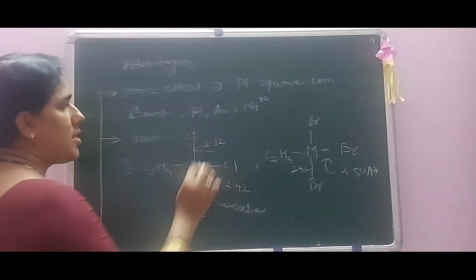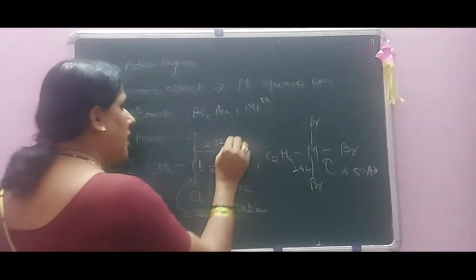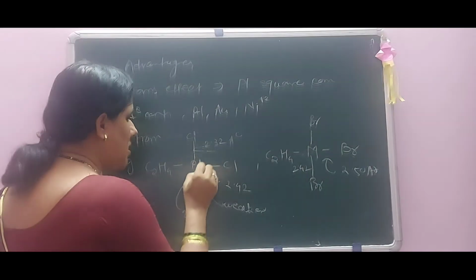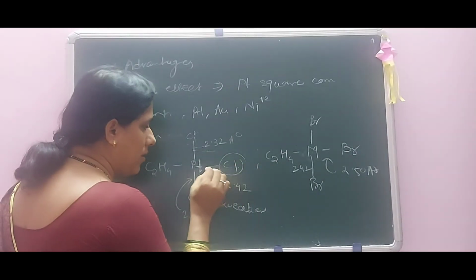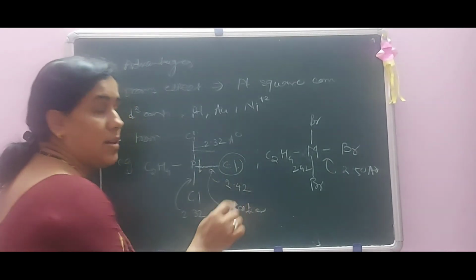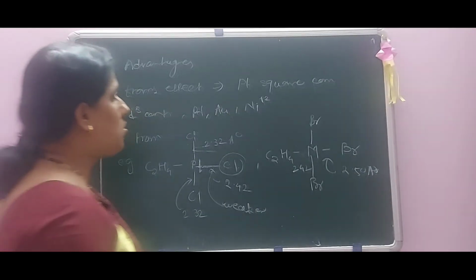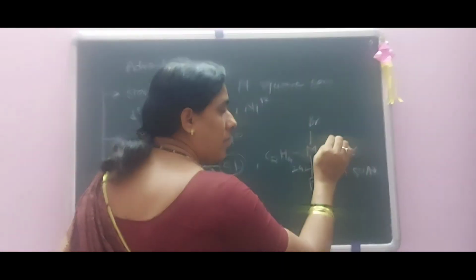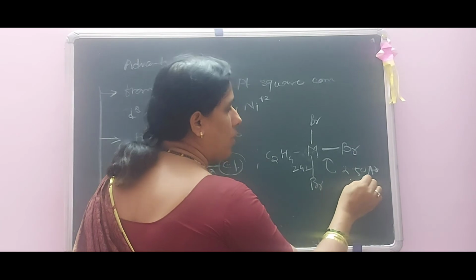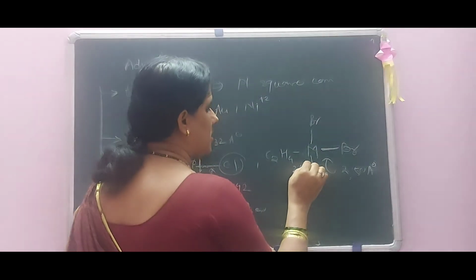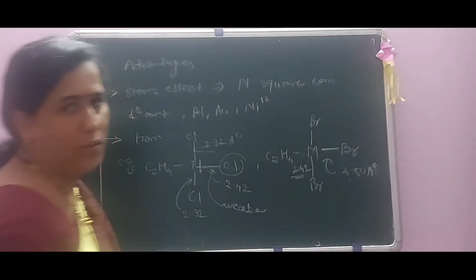Also here, the platinum and chlorine distance is 2.32 angstrom. But for this platinum and chlorine, which is a leaving group, the distance gets increased to 2.42. Also the M-Br bond gets weakened, its distance equal to 2.5 angstrom, and that of the other M and Br is about 2.42.